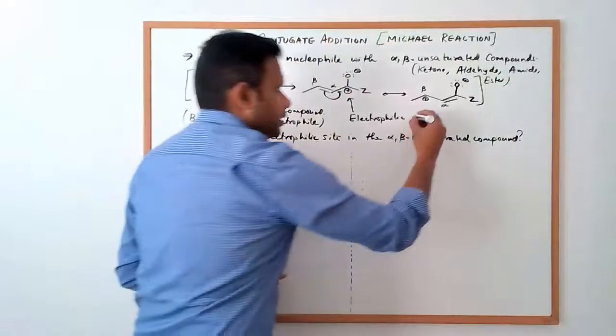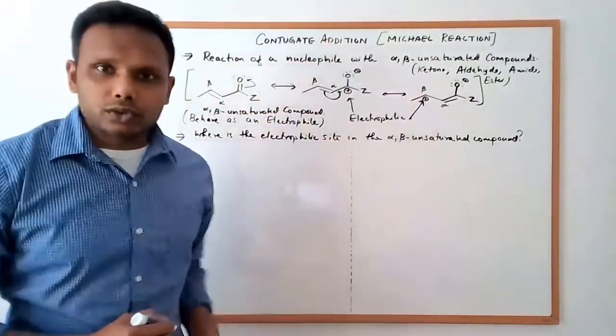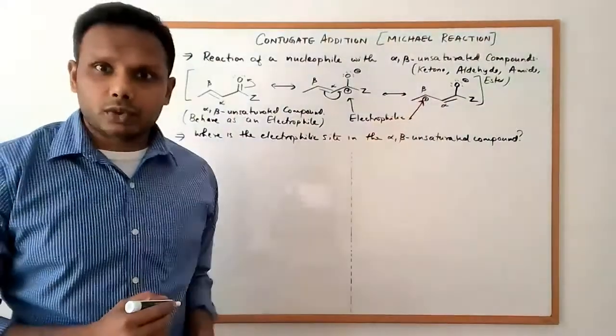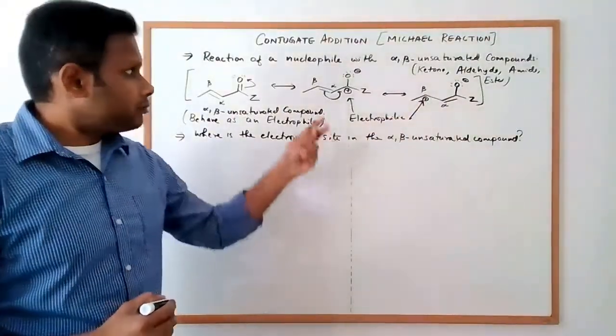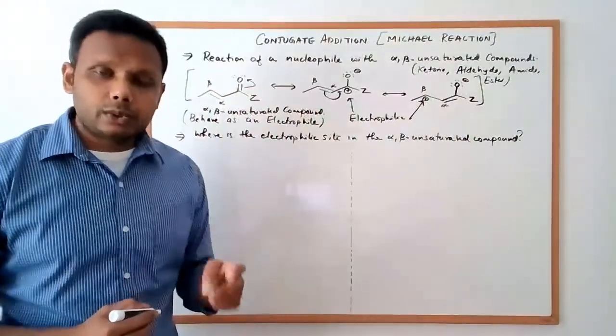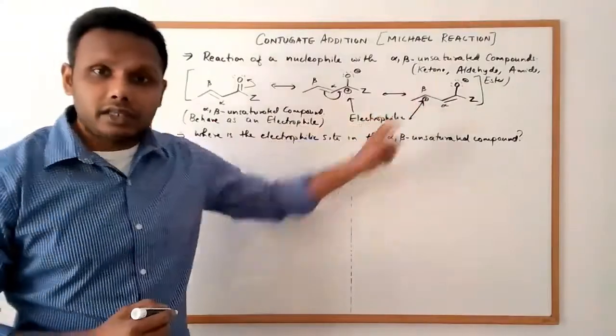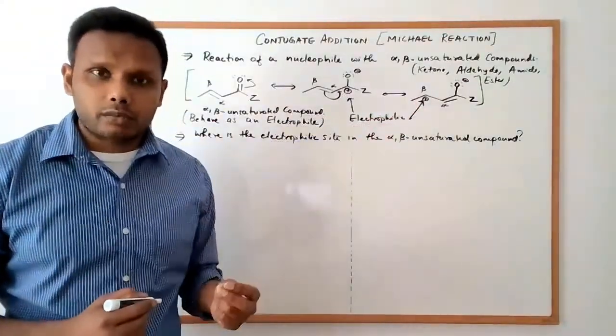And second is the beta carbon. That's also electrophilic based on the resonance form. So for an alpha beta unsaturated compound, there are two electrophilic sites: the carbonyl carbon and the beta carbon.